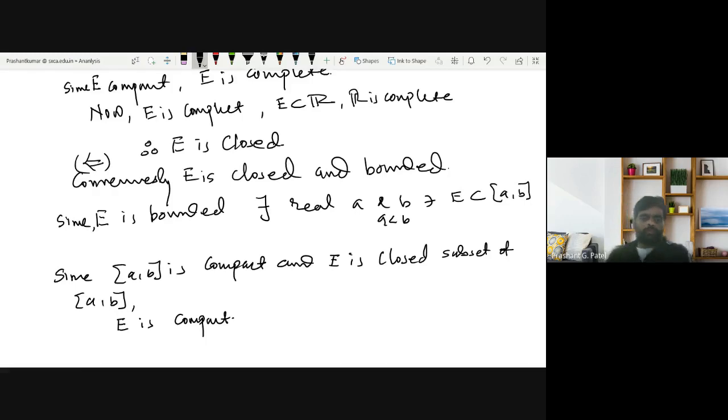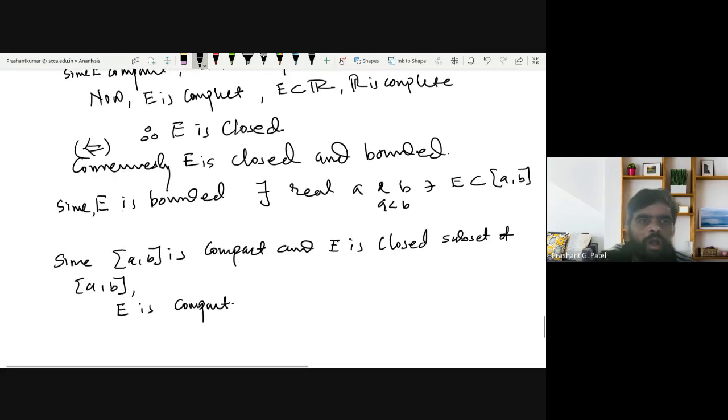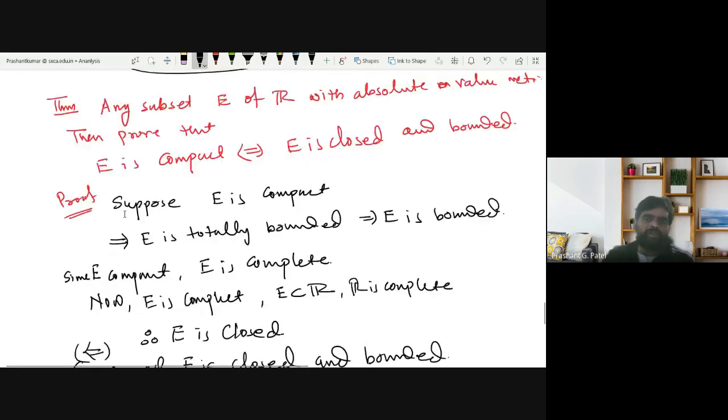So this proves that E is compact if and only if E is closed and bounded.